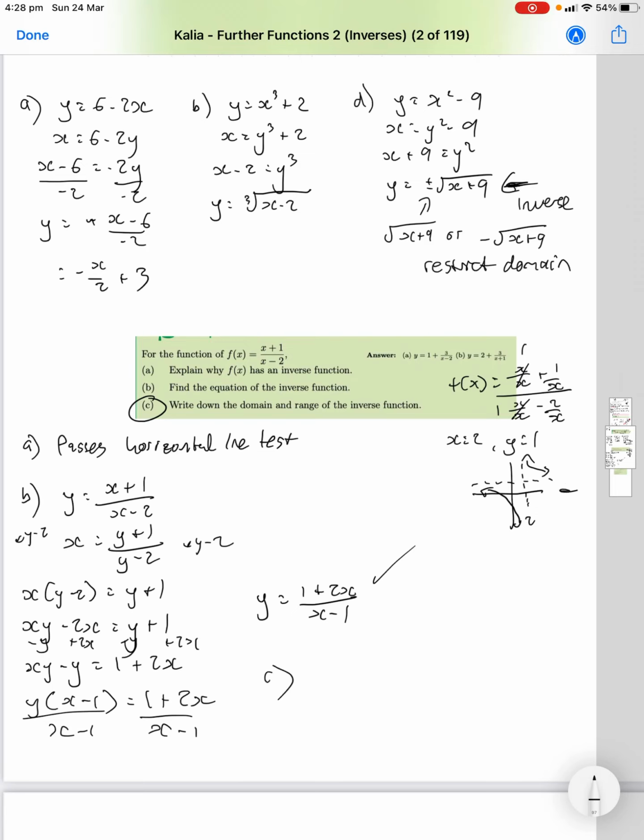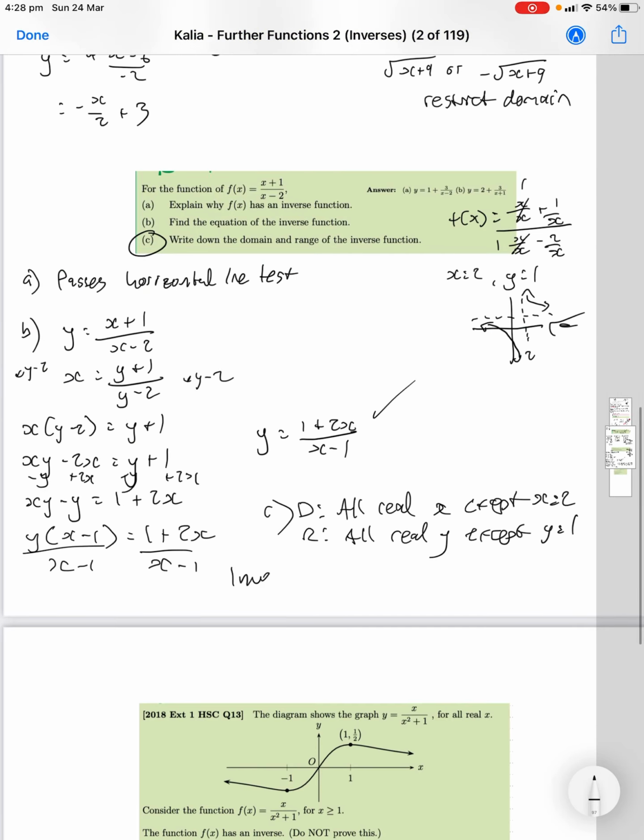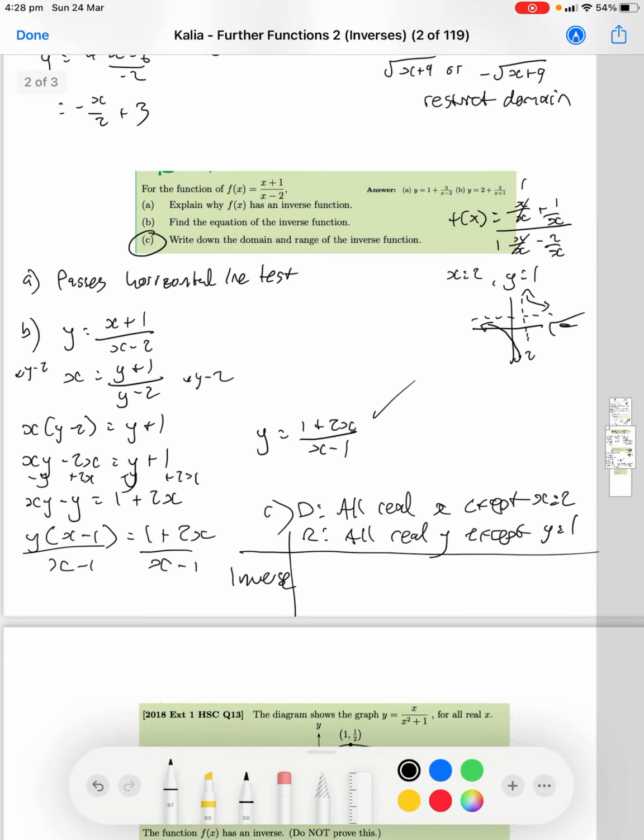My original, which I drew a graph of right there, the domain of that, you can see, is all real x, except x equals 2, the asymptote. And the range is all real y, except y equals 1. So for my inverse, which I'll do, maybe I'll do it in a different color.